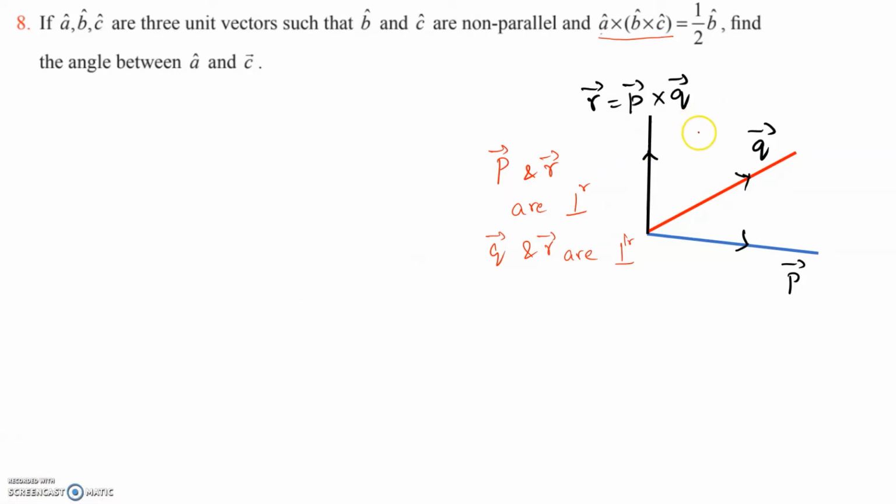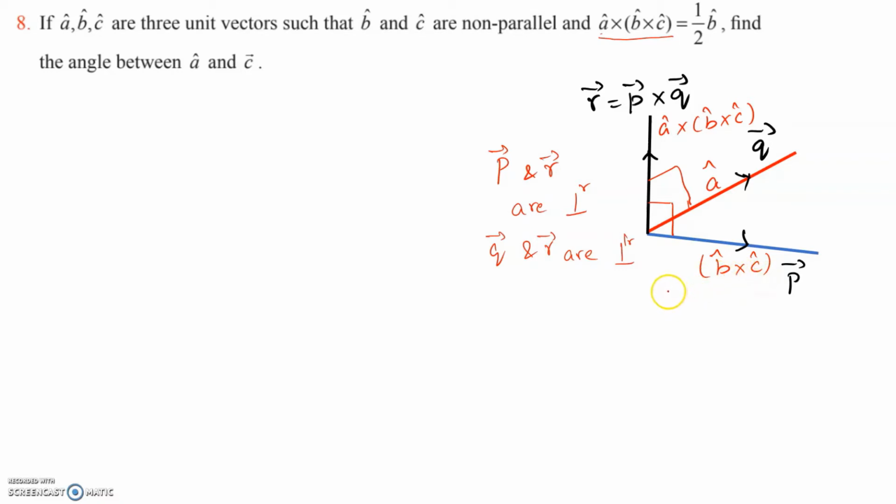Let's define these vectors here in terms of our vector A cap, and B cap cross product with C cap. So let's call this our A cap, and this to be our B cap cross C cap. Then this vector here, which is our R, will be our A cap cross B cap cross C cap, because this is a cross product of these 2 vectors. So this should be 90 degrees with both A cap and with B cap cross C cap. I hope that's clear for you guys.